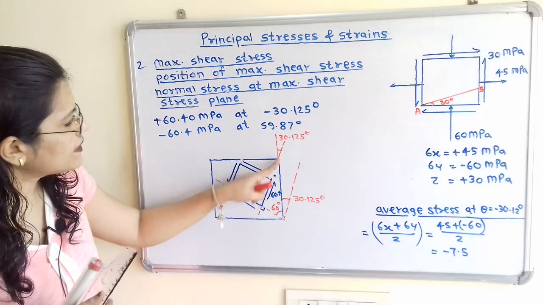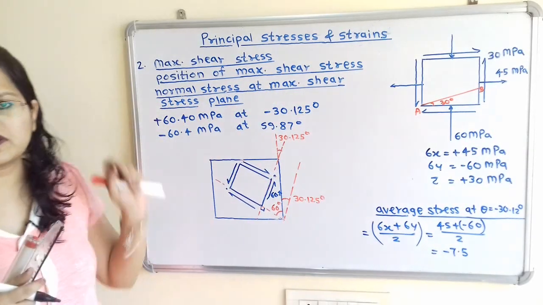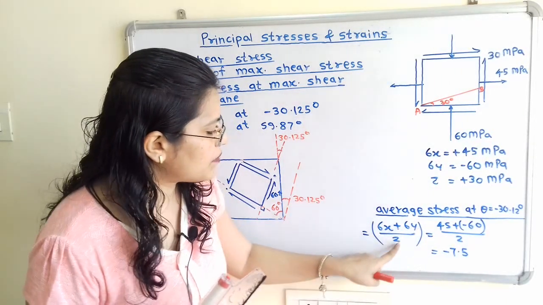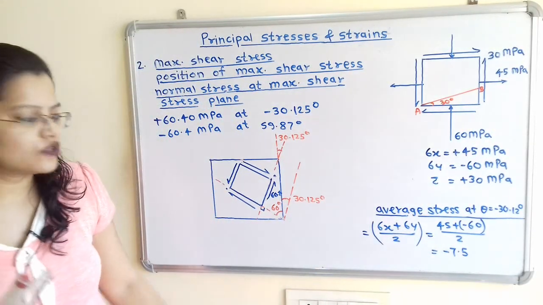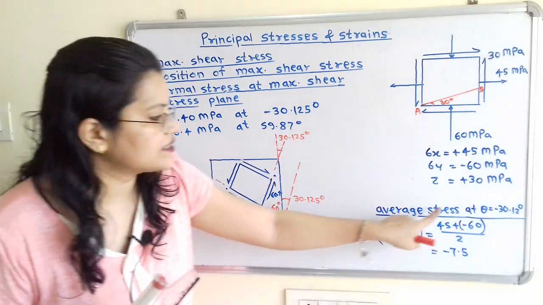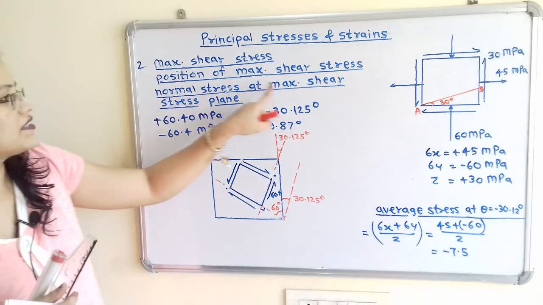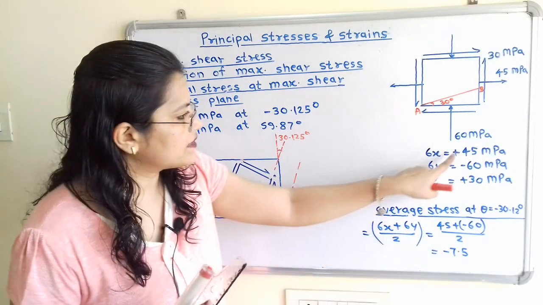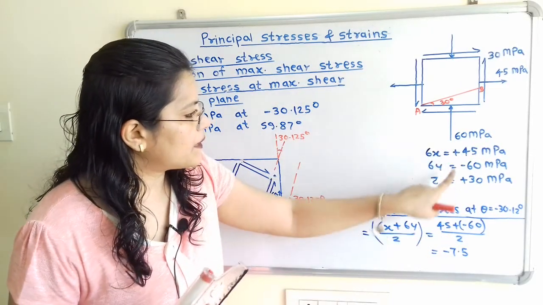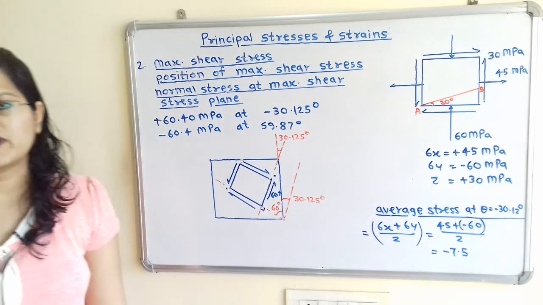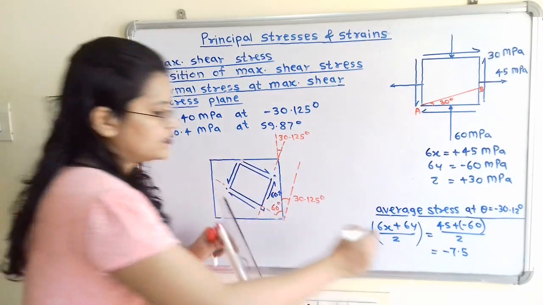This plane is at maximum shear stress, so we have the formula sigma x plus sigma y by 2. This formula is known as the average stress or normal stress at the maximum shear stress plane. When we calculate 45 plus minus 60 by 2, we get minus 7.5. The unit is megapascal.